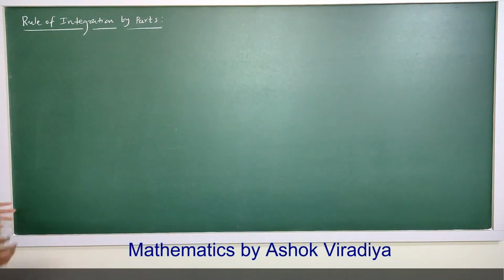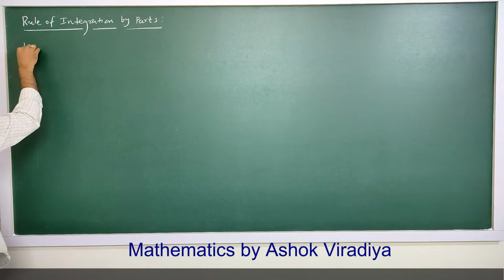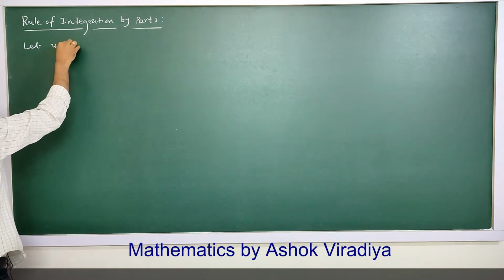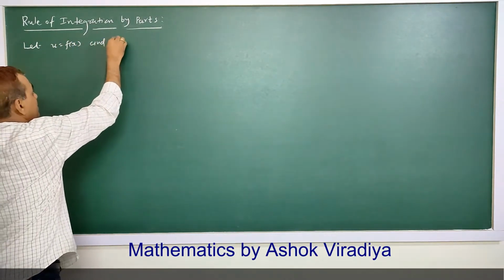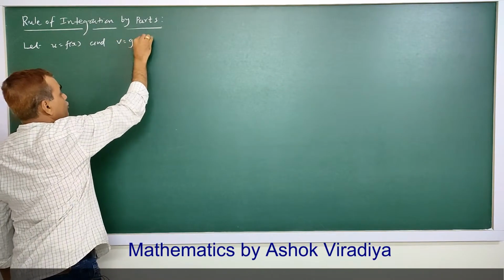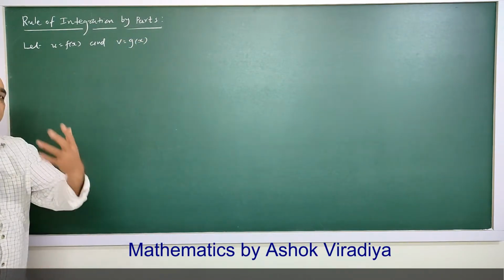Say, the rule is: let u be a function of x and v be another function of x. U and v are two functions.